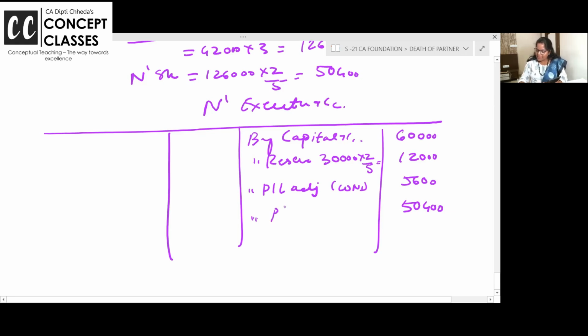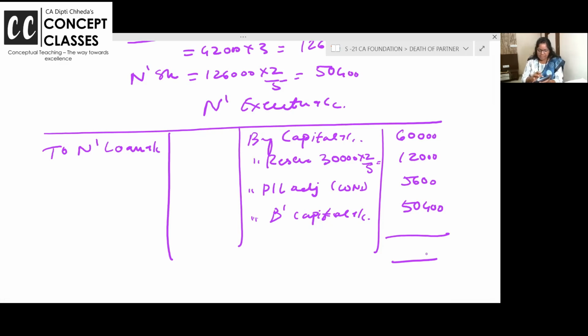And by P's capital account. B's capital account, because there are 2 partners, so he will take his goodwill. So now whatever is there, N is saying transfer to my loan account. If you don't have money to pay me, transfer to my loan account, because they have said like that.